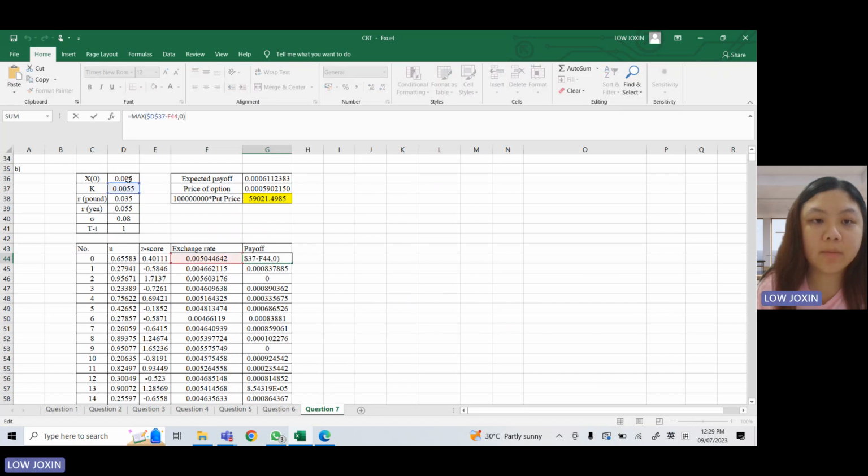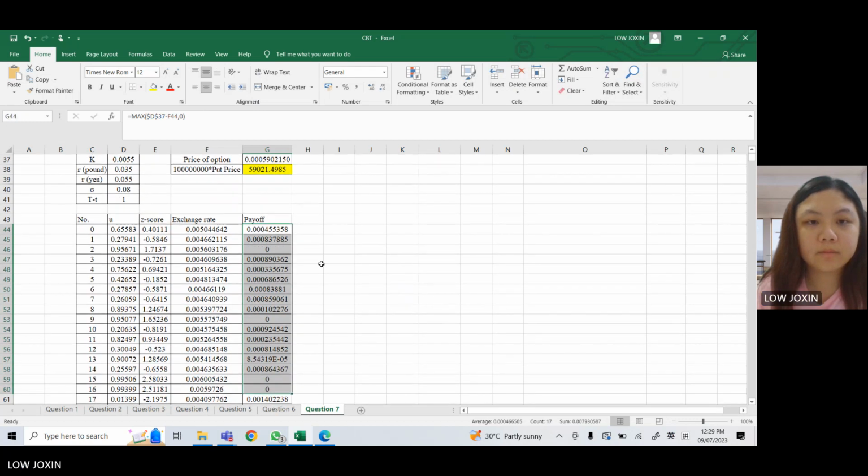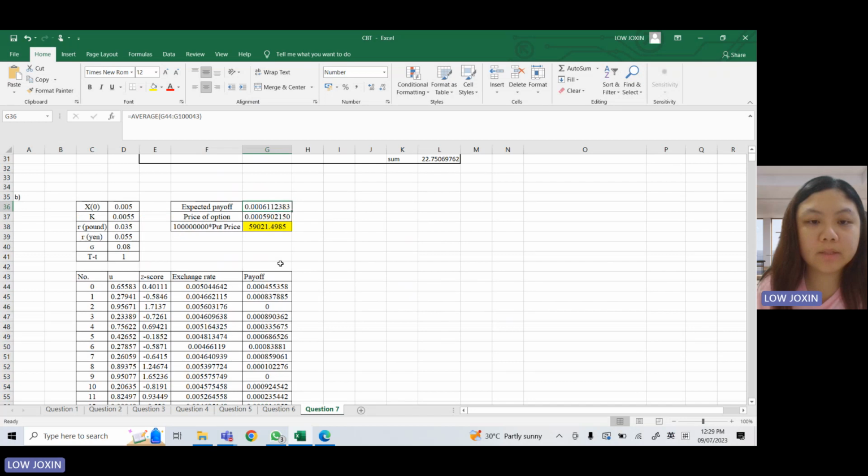So I have K minus ST and compare which is larger, compared with 0. So I'll get my payoff is this. So my expected payoff is the average of this. And my put price will be the discounted expected payoff.